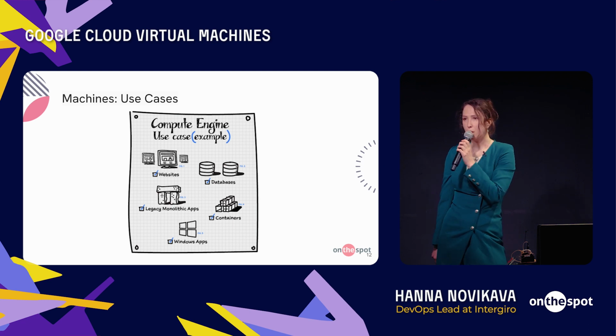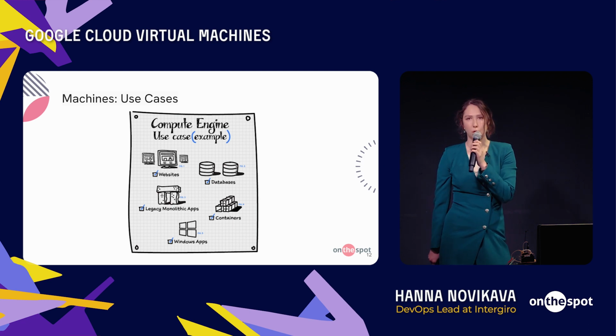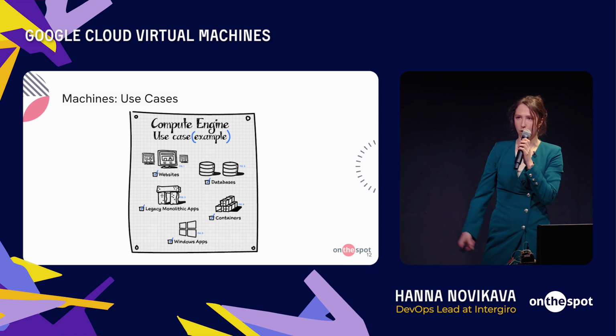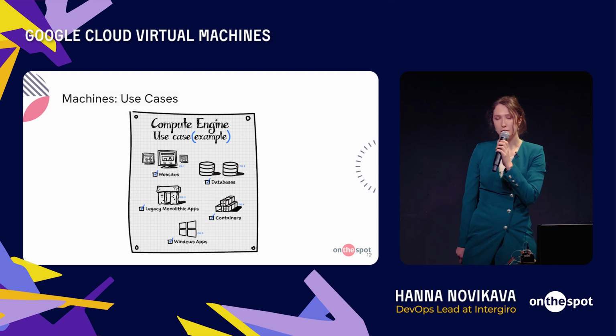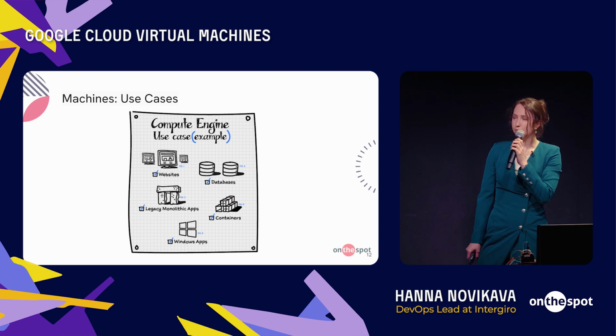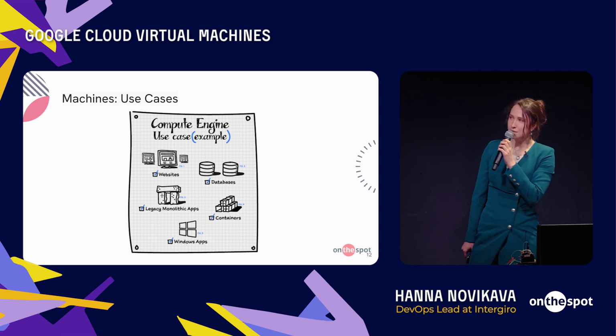Why am I speaking about virtual machines and why is it so important? The main idea is that virtual machines nowadays are used not only for services as a base, but they're used for other tools, such as Kubernetes in Google Cloud, not only in Google Cloud, of course, as a base for Dataflow pipelines, and also in different serverless tools.